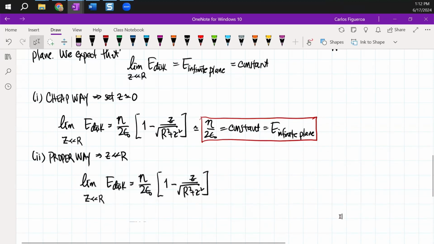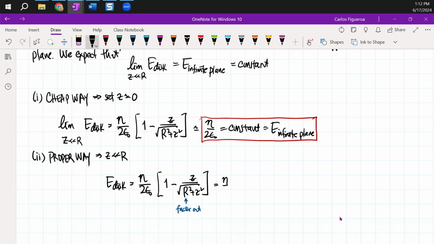The first thing that I have to do here is factor out R. And if I factor it out, I'm going to pull out the R. I'm going to see here that this will give me eta over 2 epsilon. Then I'm going to get a term: if I factor out, I'm going to get z over R. And then I'm going to get 1 plus z over R to the minus 1/2.